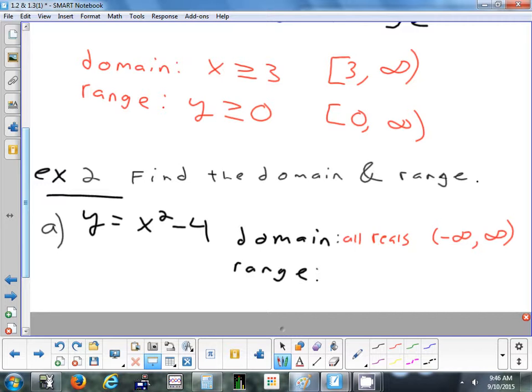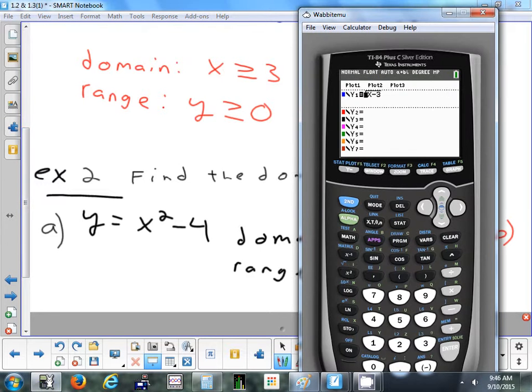Now the range. Sometimes it's helpful to look at the picture. x squared. I know that's that U shape again. I just typed it in. I'm going to do a zoom 6. That's going to be perfect. What does it look like the lowest value is on the y-axis here?